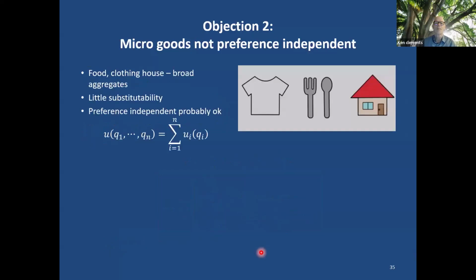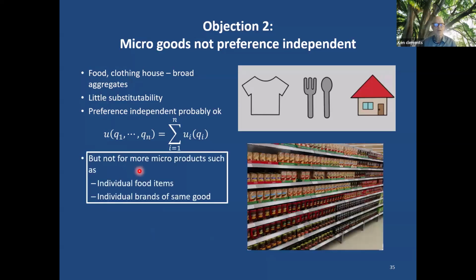Objection number two, micro goods are not preference independent. Preference independence probably works okay for these broad aggregates, food, clothing, etc., where there's little substitutability. It's okay, but it's not okay for micro products such as individual food items or individual brands of the same commodity.